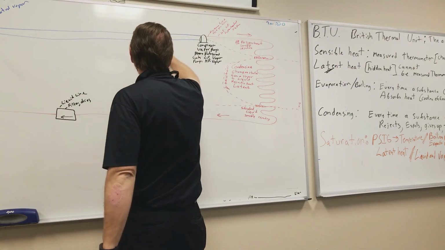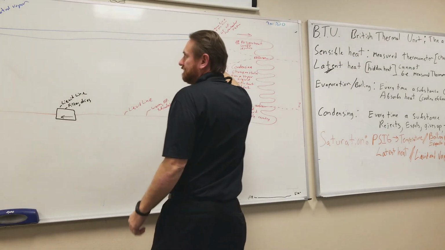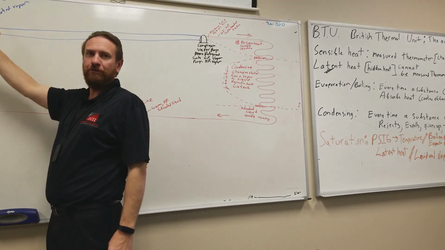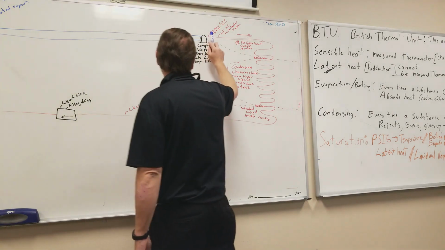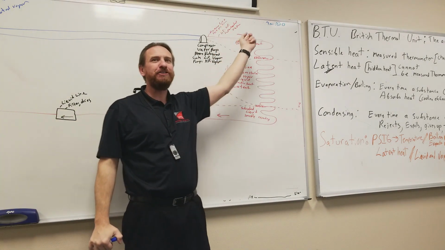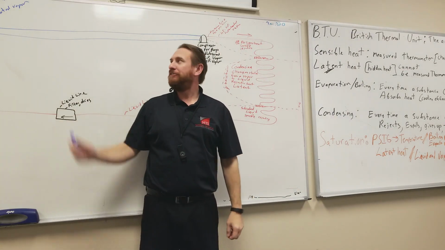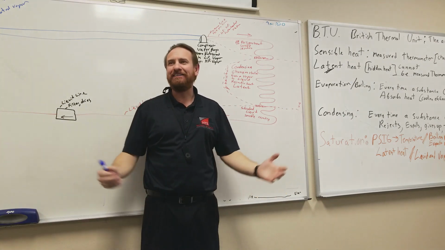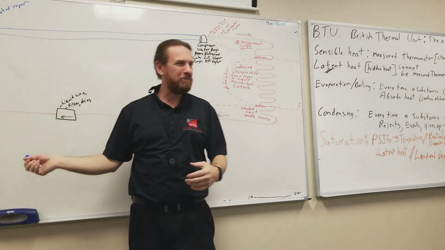So here, coming into the compressor, what's the state of refrigerant? Low temperature, low pressure, superheated vapor. Coming out of the compressor, what's the state of the refrigerant? High temperature, high pressure, superheated vapor. So can superheat be low temperature? Yes. High temperature? Yes. Low pressure?